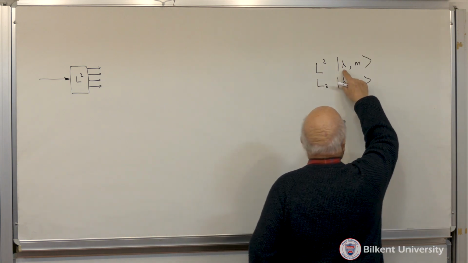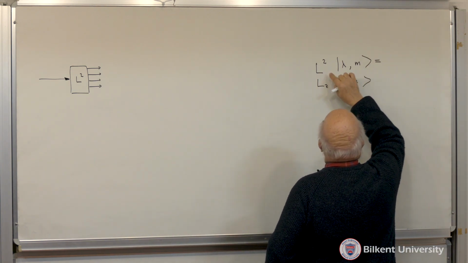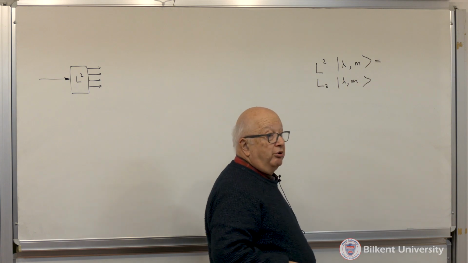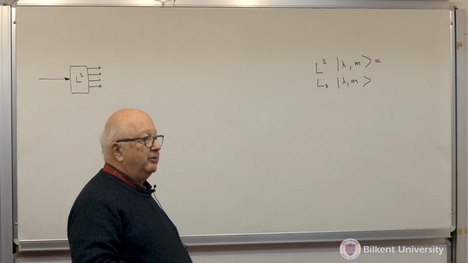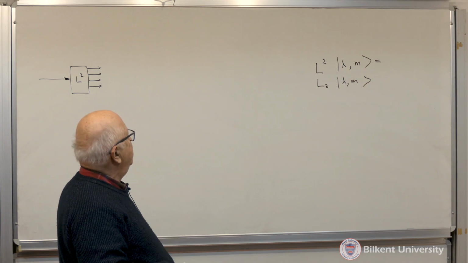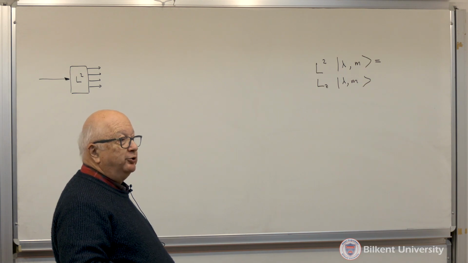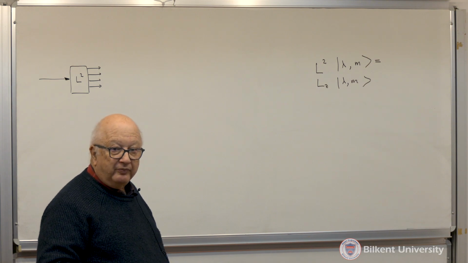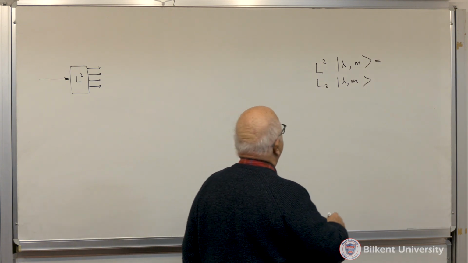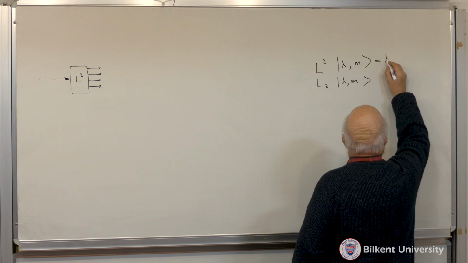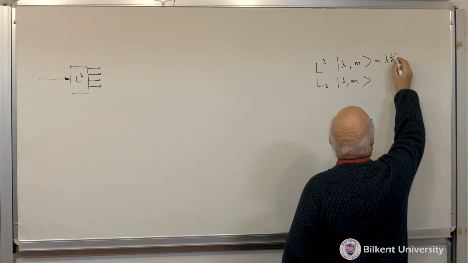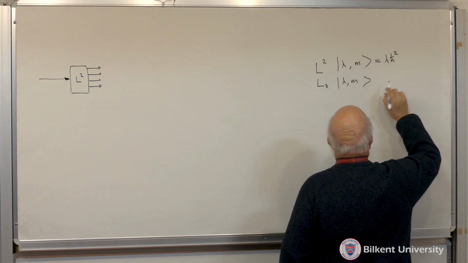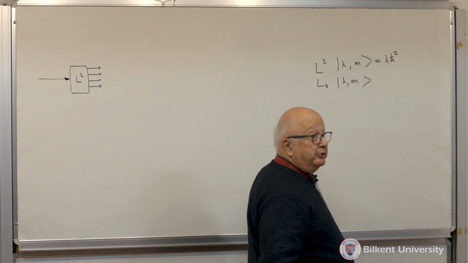Now, for example, for lambda, I know that it's going to have units of angular momentum squared, and one nice quantity that has units of angular momentum is h bar, okay? So in order to keep lambda unitless, I'm going to say that this is lambda times h bar squared because it has units of angular momentum squared.